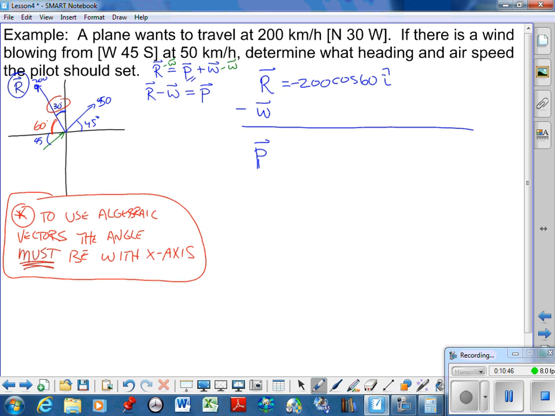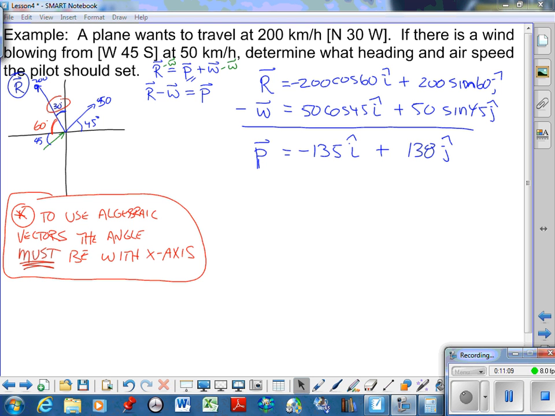The x component would be negative, plus 200 sin 60 j. Wind, both components will be positive, so 50 cos 45 i plus 50 sin 45 j. Now we just punch it through the calculator. Once you do the calculations, we get that the plane should travel in that particular vector.